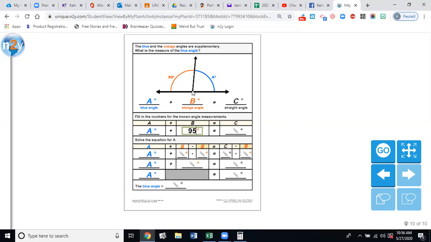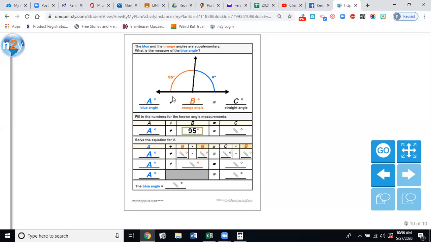And it looks like it's a line here. It's not quite a right angle because 95 is greater than 90. And if it were a right angle, it would be shaped like an L and it would only equal 90. But 95 is more than 90. So A is going to have to be more than 90 as well.